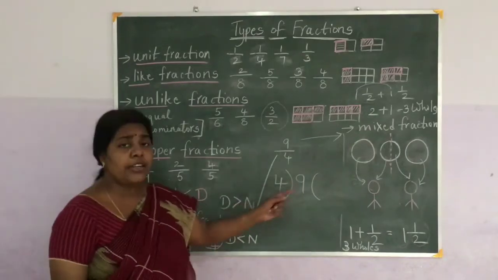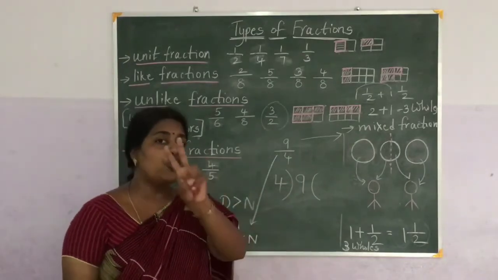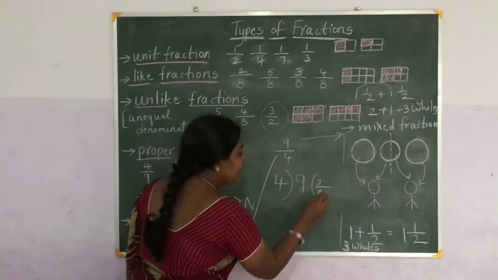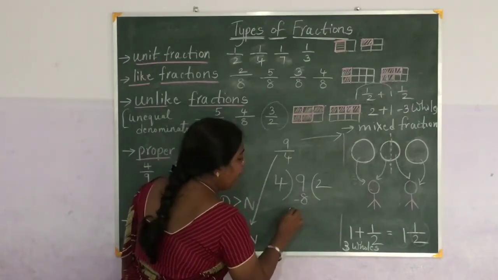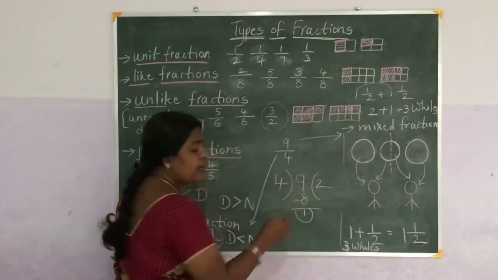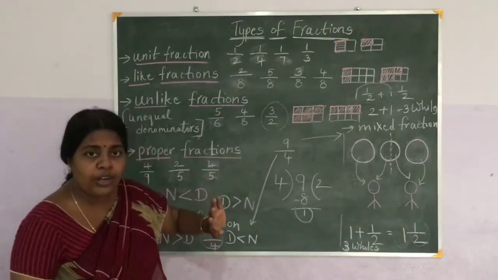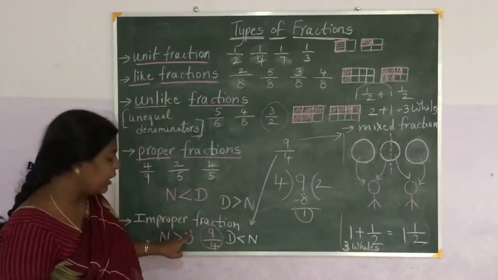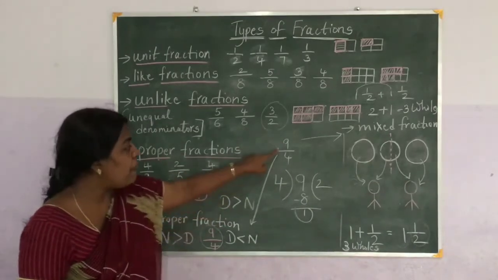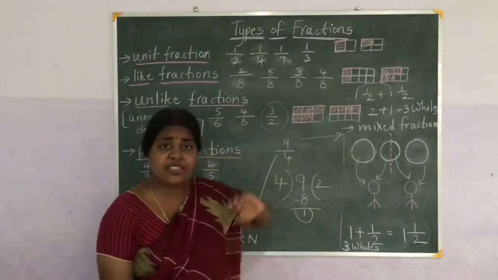Now can you get 9 in the 4 table? No. 4 twos are 8. Now 9 minus 8 is 1. Now here 9 by 4 is an improper fraction, and we are converting this into a mixed fraction.